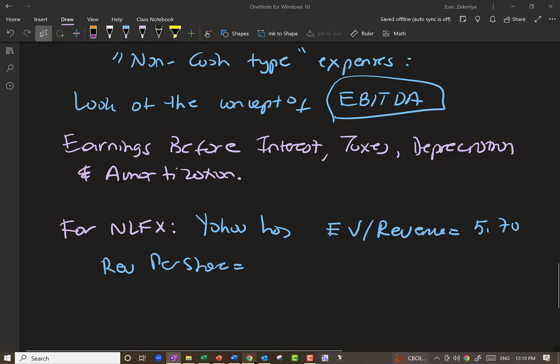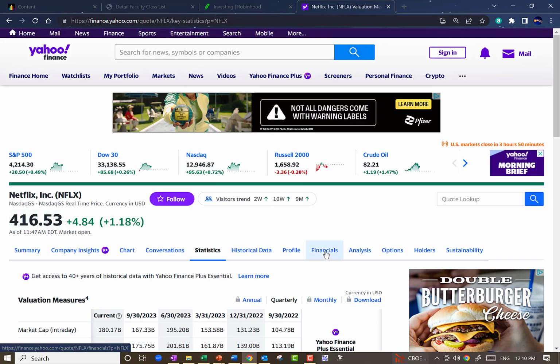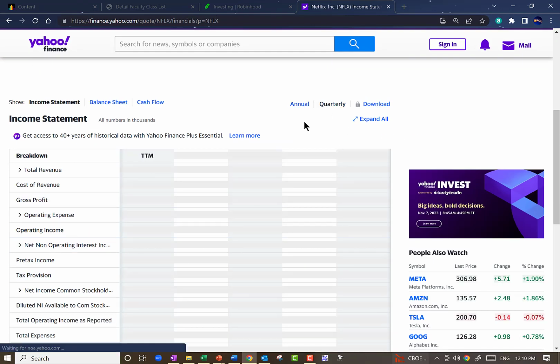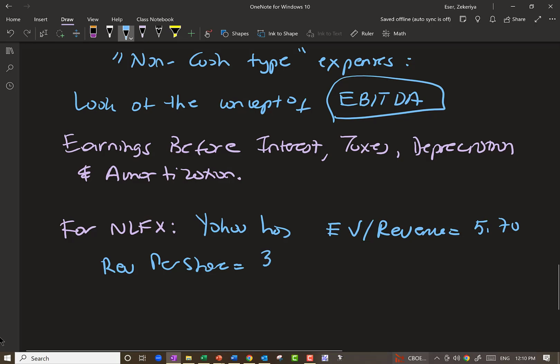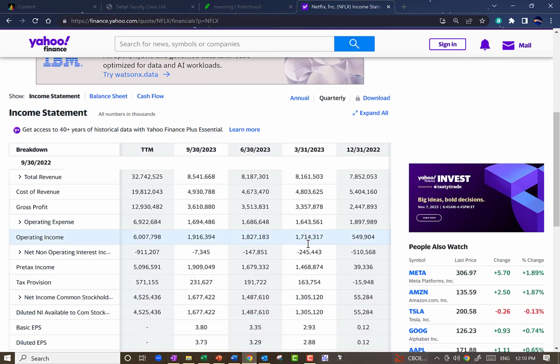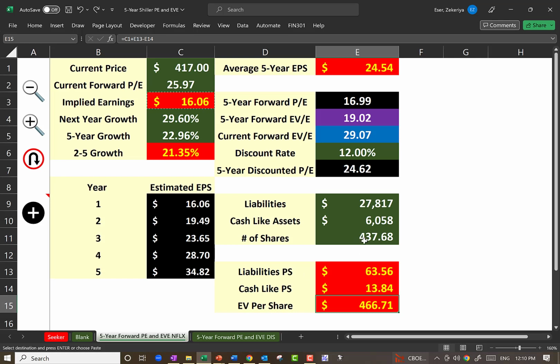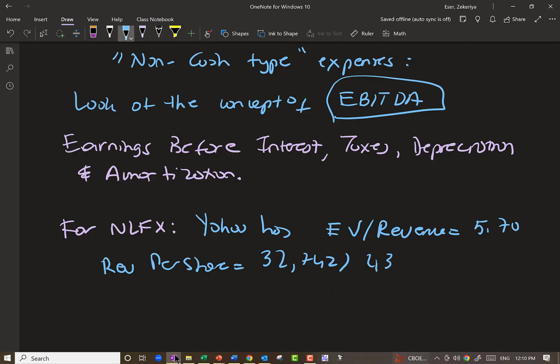Let's look at the trailing 12 months. $32,742 divided by what is the number of shares? 438.68. Actually, so that number is 74.63.